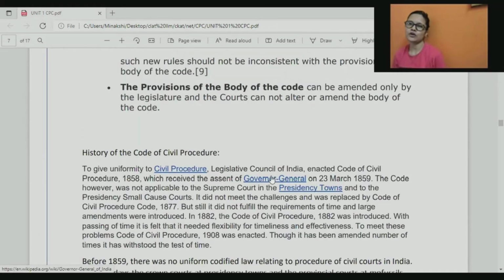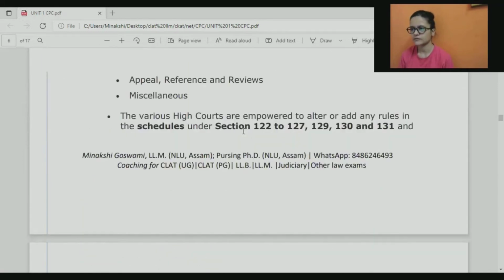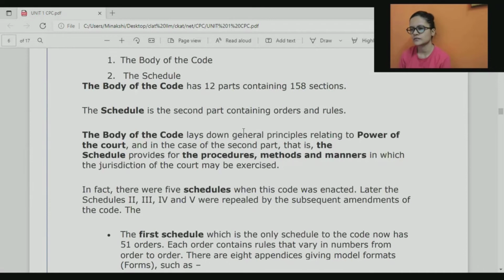So when we talk about this, just one clarification: the difference between schedule and sections. If I want to explain to a layman, is there a way to easily understand between a schedule and sections? Yeah, so sections are nothing but the powers of the court.